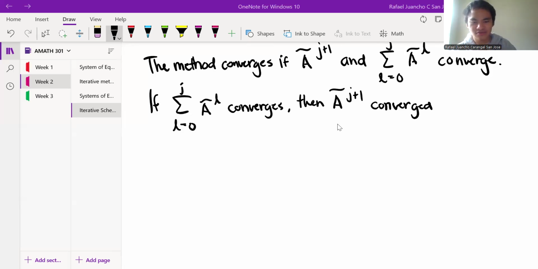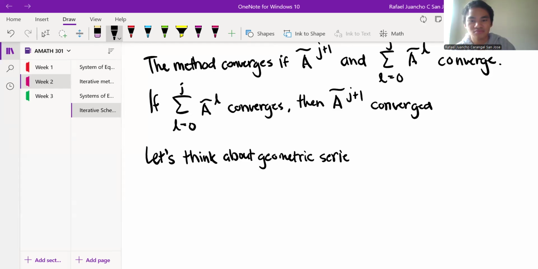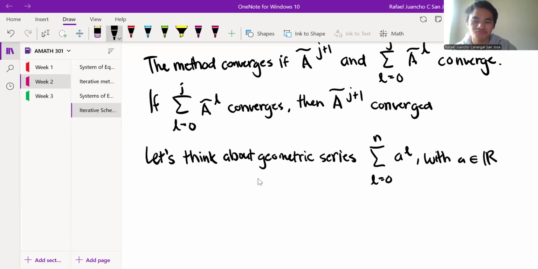Okay, so I'm just gonna go for it. Let's say my geometric series is a summation going all the way to n, starting from l equals zero, of r to the power of l, where r is a real number, could be any.